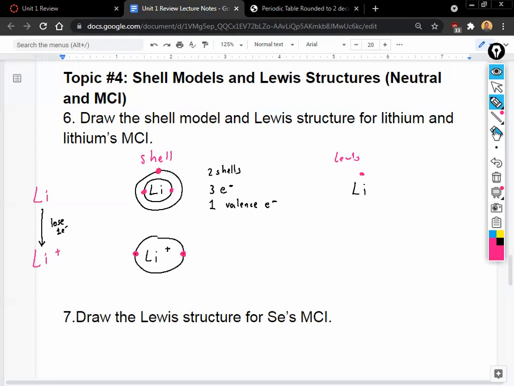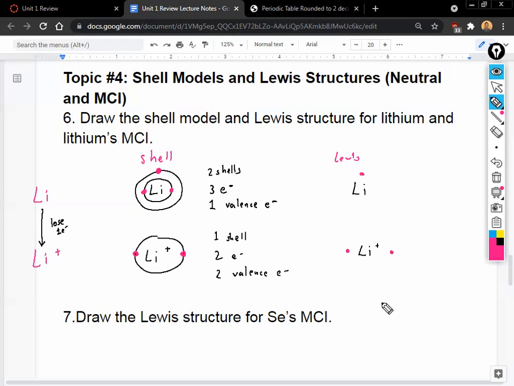So if we just take an account, Li plus only has 1 shell. It has 2 electrons because it lost 1, and it's going to have 2 valence electrons because the first shell is the new outside shell now. And so if I wanted to draw the Lewis structure, it would be Li plus, and I would have to draw 2 electrons next to it. And so there you go.